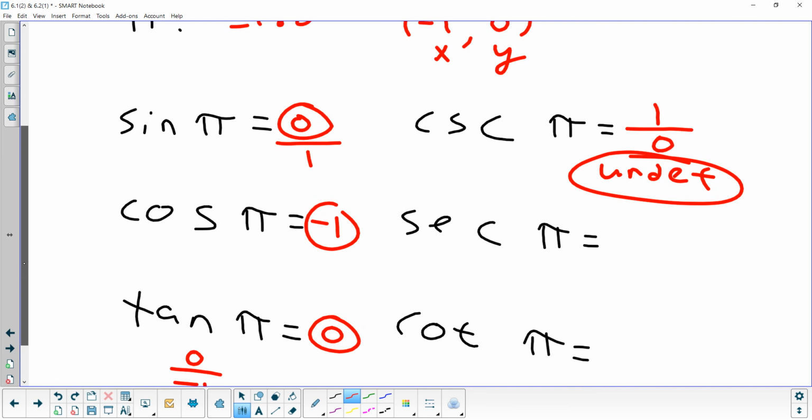All right, so now to get the secant, let's go back to the cosine and flip it. What would you get if you flip -1 over 1? You would still get -1. There are two numbers you can flip and it doesn't change their value.